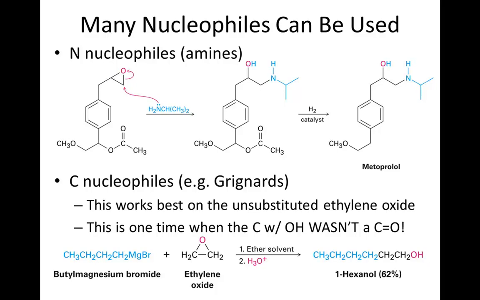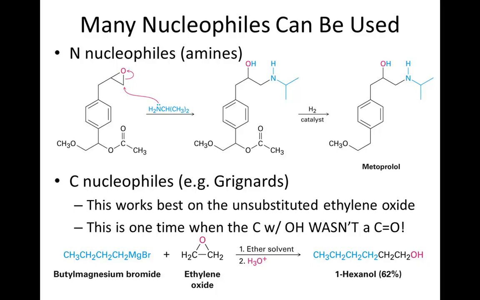And one other thing I want to say about this is that I taught you the little, what I call litany, that if you have a product and you wonder, could I have done a Grignard, you look at that and say, the carbon that has the OH on it was the carbonyl. Well, in this case, that's not quite right. The carbon that has the OH on it was part of an epoxide.